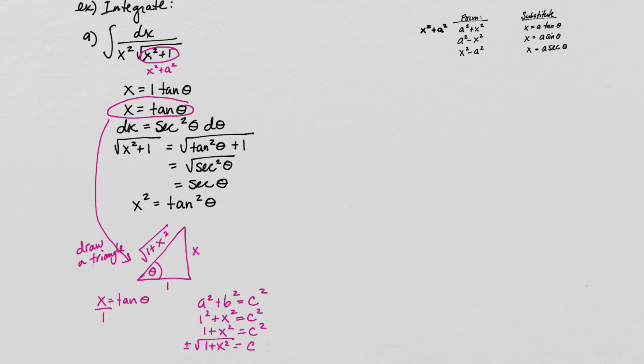So now what we're going to do is go back to this original problem and make our replacements, right? So I have the integral sign. I said dx is now secant squared theta d theta, so instead of the dx, I'm going to write secant squared theta d theta. On the bottom, instead of x squared, it's tangent squared theta.